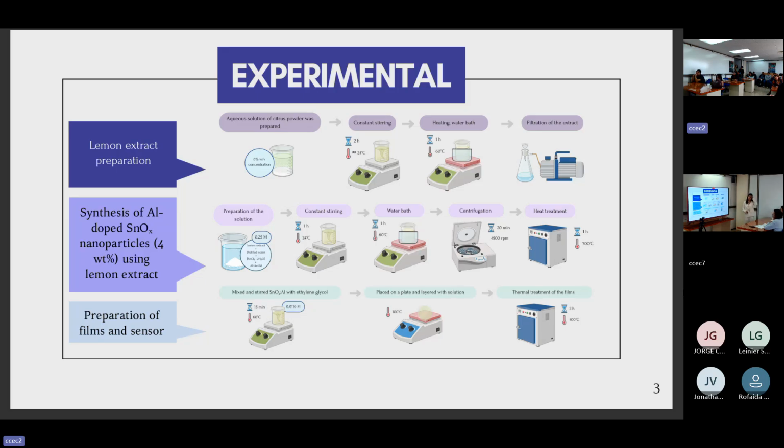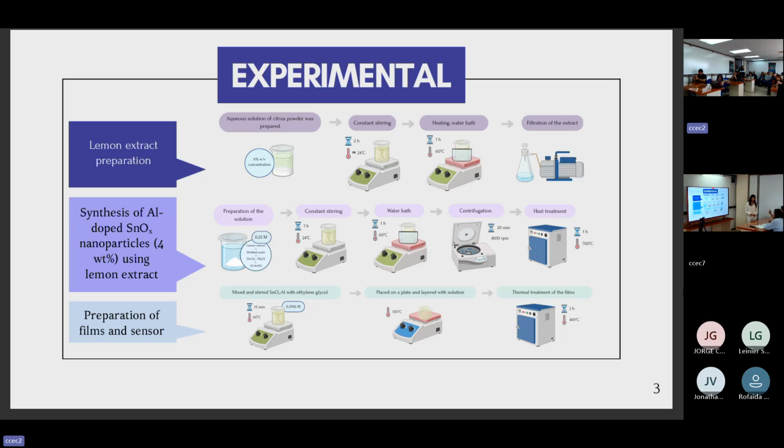Okay, for the lemon extract, we only use the peels of the lemon. We use the 6% concentration of lemon extract. Yeah, relax, no problem. So, with the concentration of 4 weight% of lemon extract, you are obtaining the material. But what if we use 2% of lemon extract? If we can reduce the amount of lemon extract, then we can eliminate the other phytochemicals.